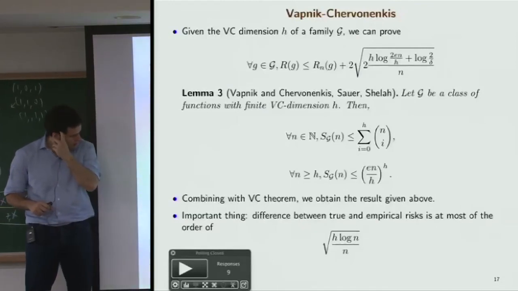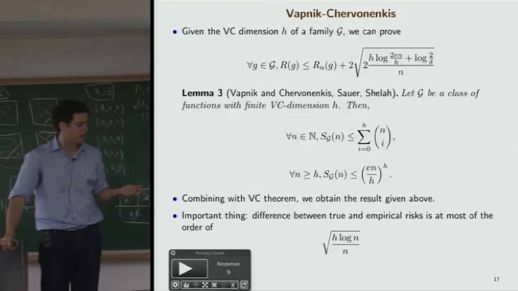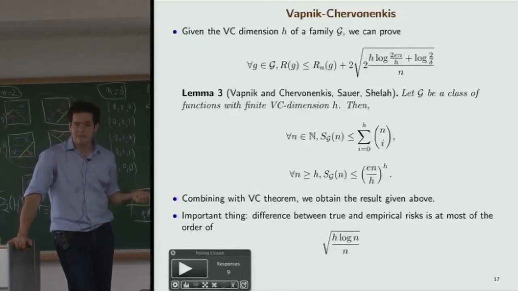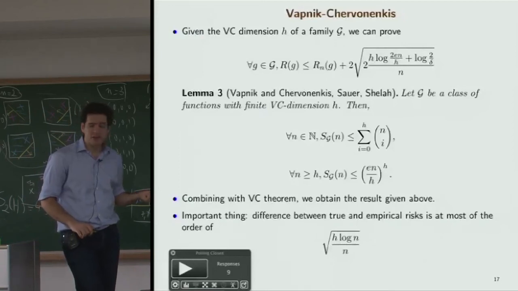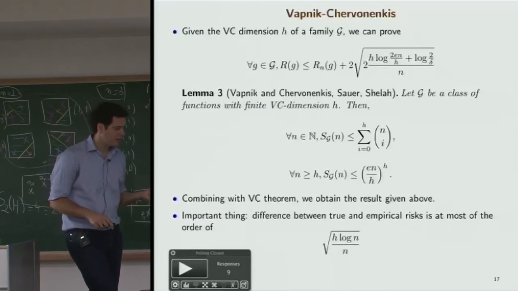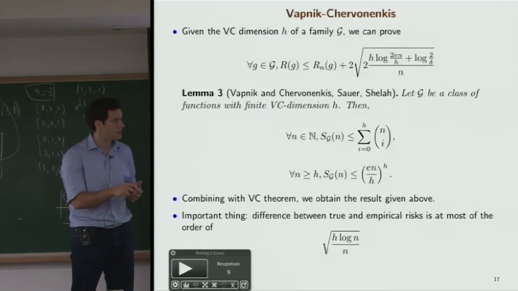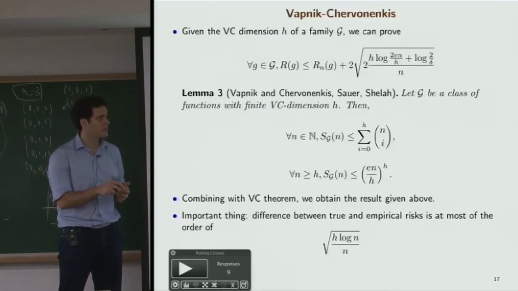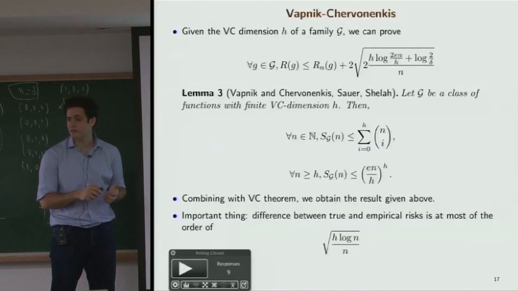So, what can you intuitively say about this bound? Well, the higher the VC dimension is, the looser this bound will be. The bigger h is, the less you can say that the empirical risk of a function g, for all g's here, is not too far from the true risk of g.